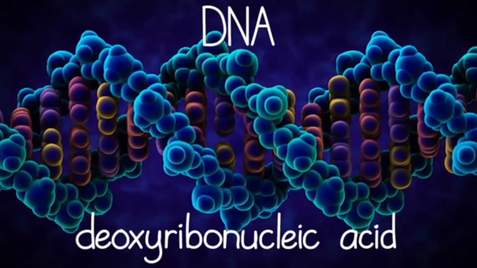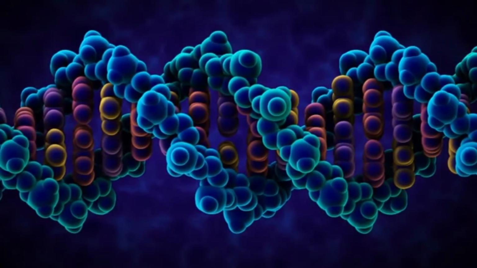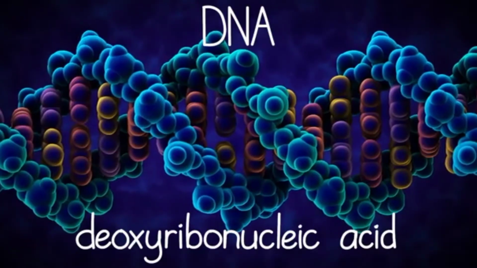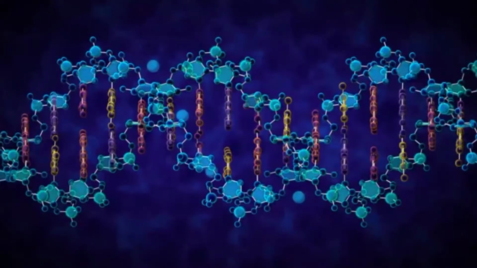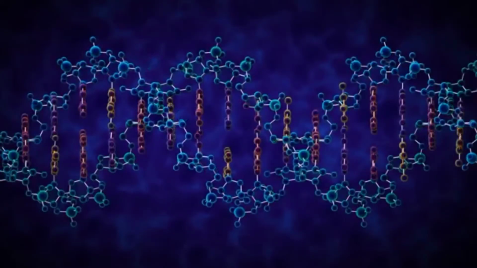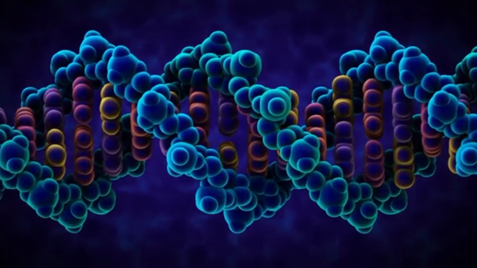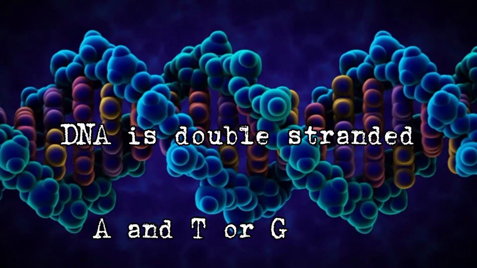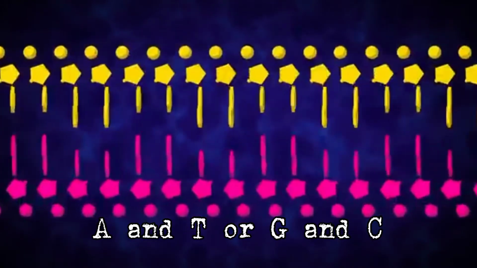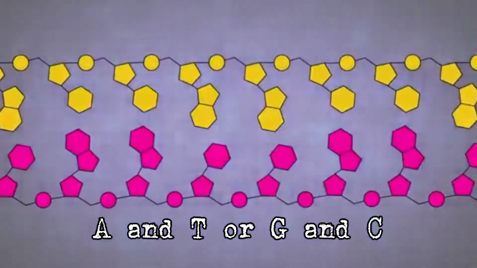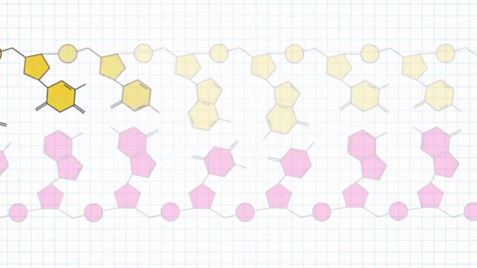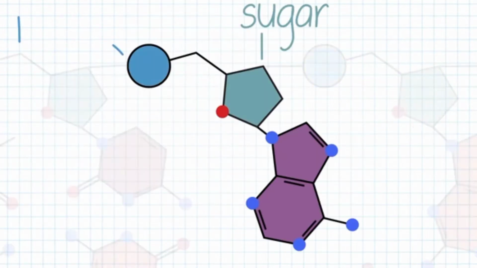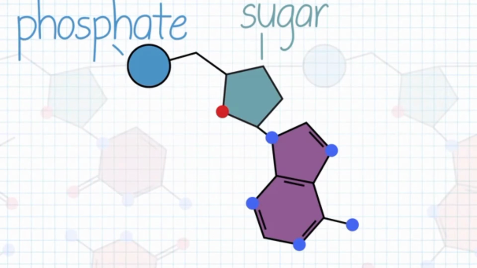DNA, which stands for deoxyribonucleic acid, serves as the organism's genetic material and is divided into functional units or genes. Most DNA is double-stranded, where the two strands are held together by hydrogen bonds between A and T or G and C. The basic structure of DNA molecules is the nucleotide, which includes phosphate, pentose sugar, and nitrogenous base.